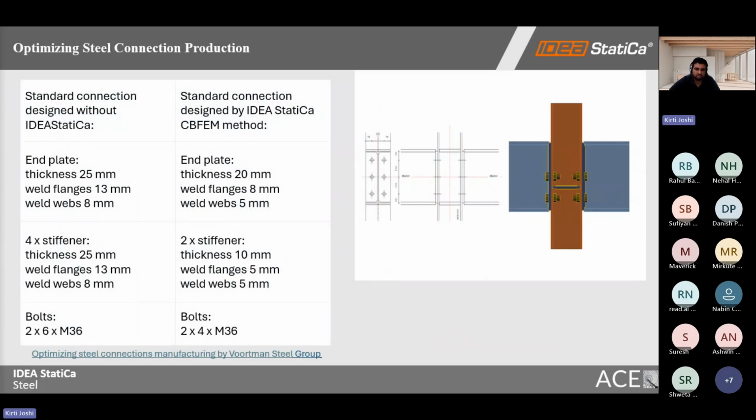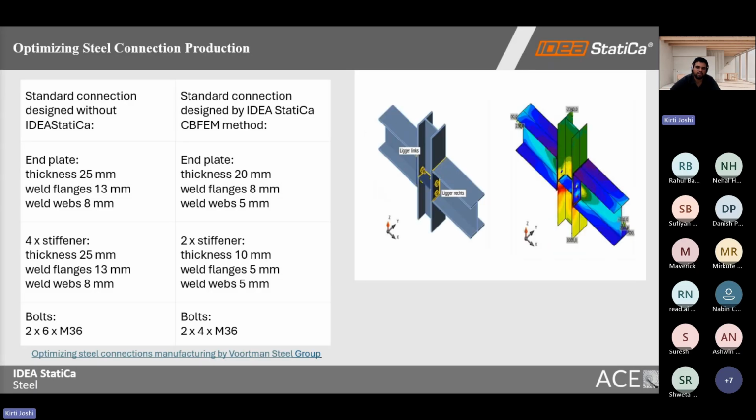One of the case stories mentioned on the IDEA StatiCa website, which is quite interesting, is on connection optimization using IDEA StatiCa from the Voortman Steel Group, one of the leading fabricators and producers of steel structures. Implementing IDEA StatiCa connections in their workflow decreased the consumption and handling of materials and the welding cost compared to their previous approach.